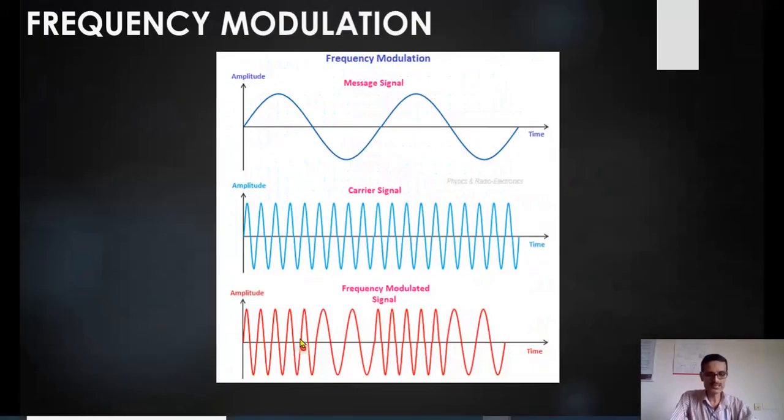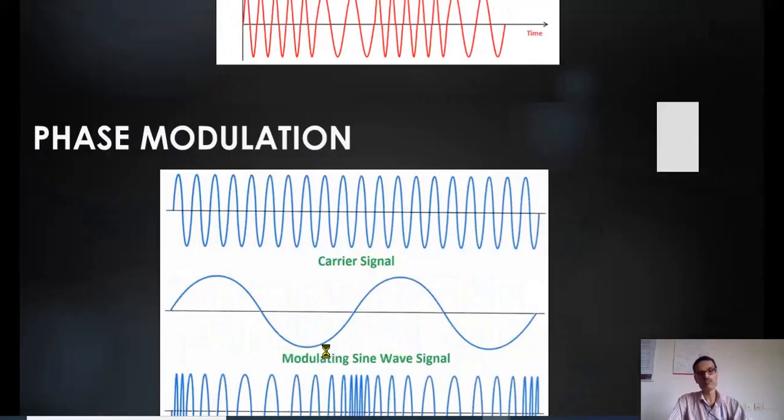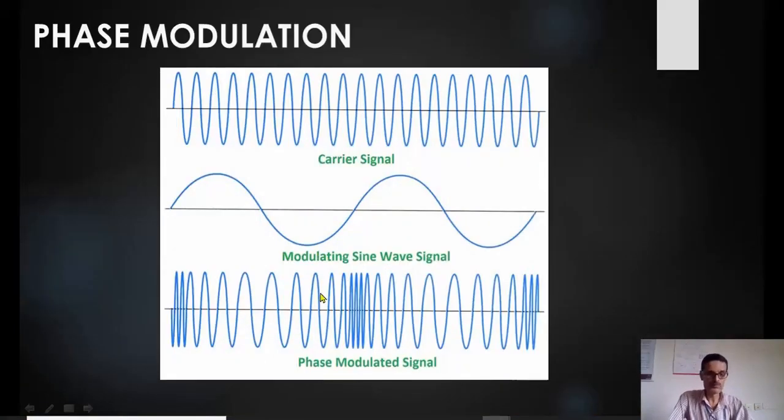As the frequency changes with respect to the original carrier, the phase is also changing. So as frequency changes, phase changes. If I change the phase of the signal, frequency also changes.